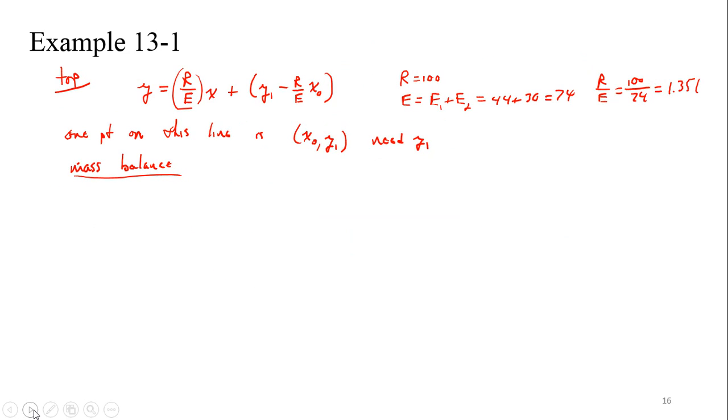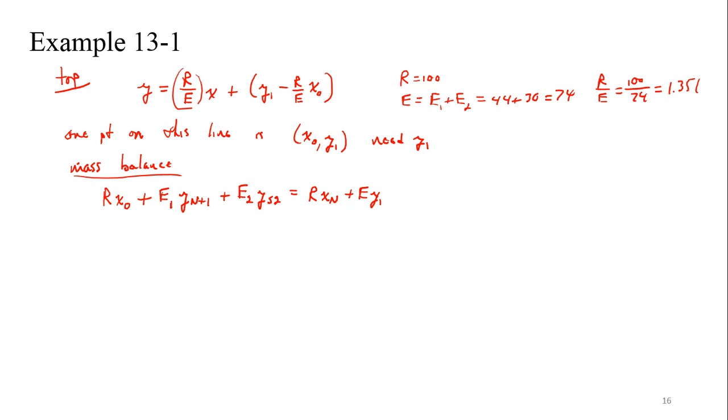So in terms of the acetic acid mass balance, we have overall 3 streams coming in and 2 streams exiting the system, and we've got to account for acetic acid in all those streams. So we have essentially coming in R times x naught, E1 times y sub n+1, and E2 times y s2, we'll call it. That's that side stream coming in. And then that has to equal what's leaving, which would be R times x sub n plus E times y1.